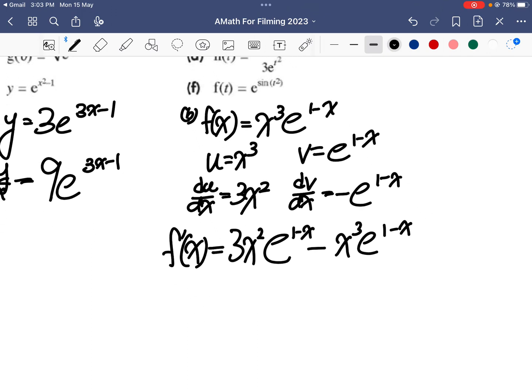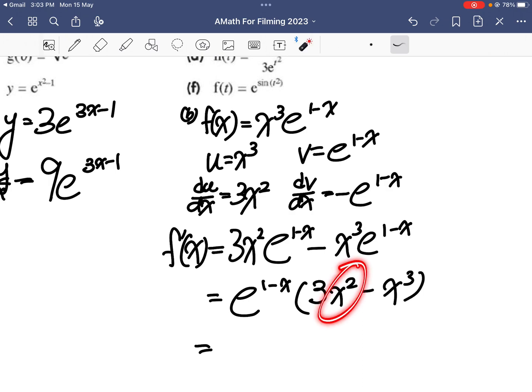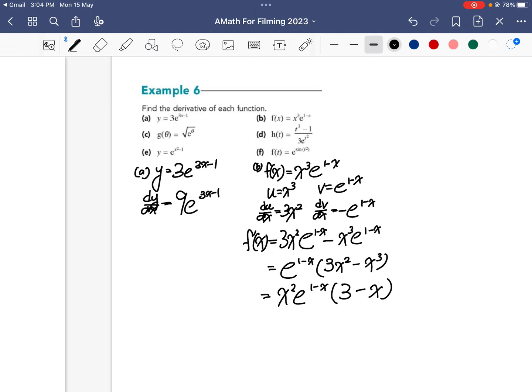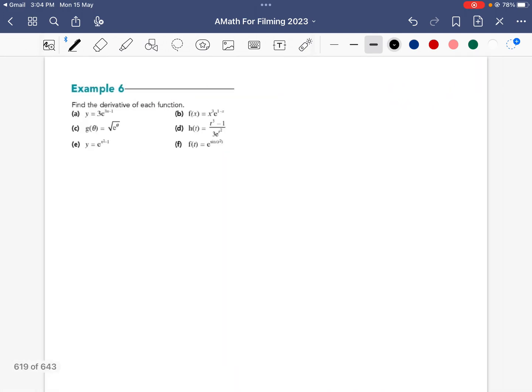If you feel like factorizing e to the power of 1 minus x, what I'm left with is 3x squared minus x cubed. If you would like to further factorize x squared, what I get here is x squared e to the power of 1 minus x, 3 minus x. That's it for part B.